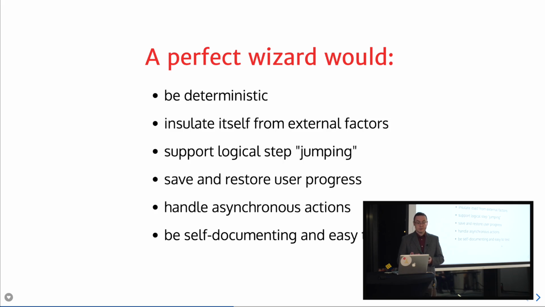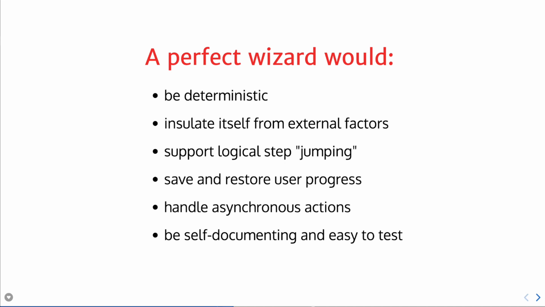A perfect wizard would support logical step jumping. As I said before, if there is a need for the customer to jump to the very beginning, it should be done. It should be able to save and restore user progress, handle asynchronous actions, and as a cherry on top, be self-documenting and easy to test.